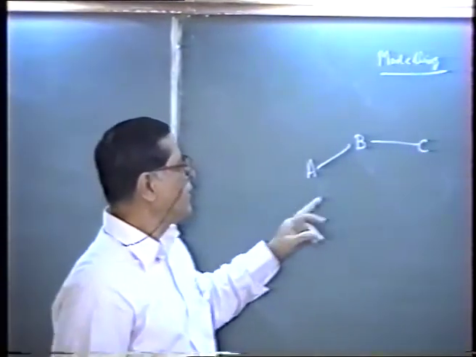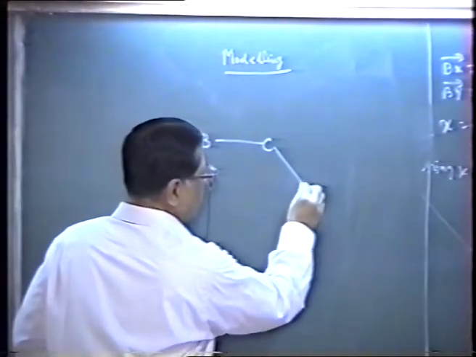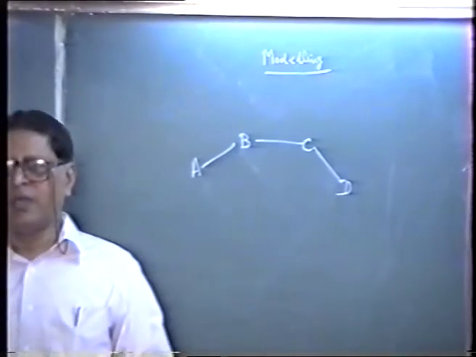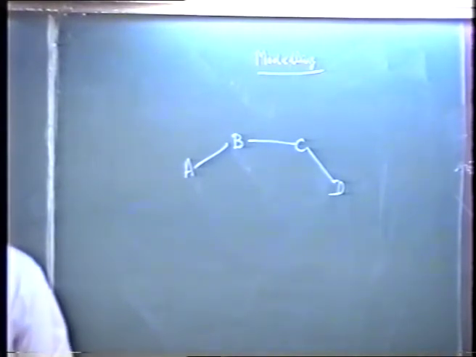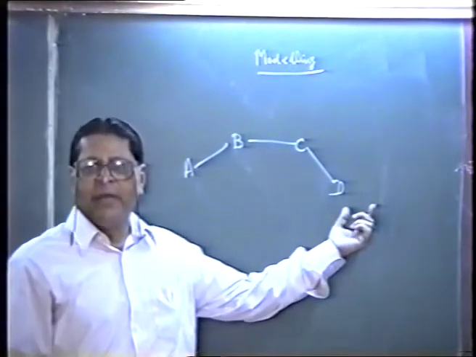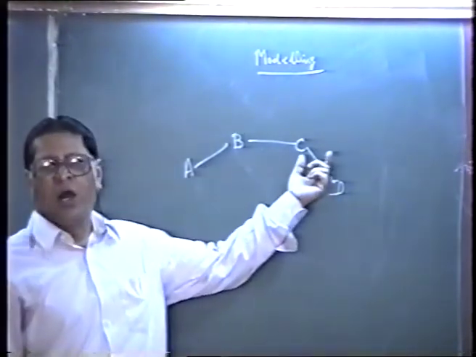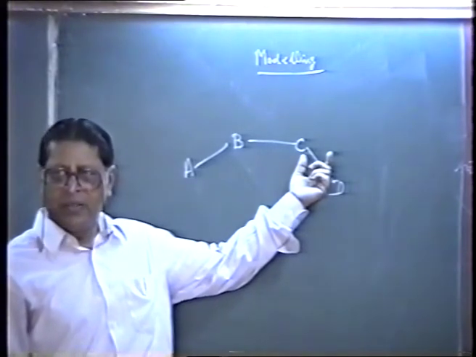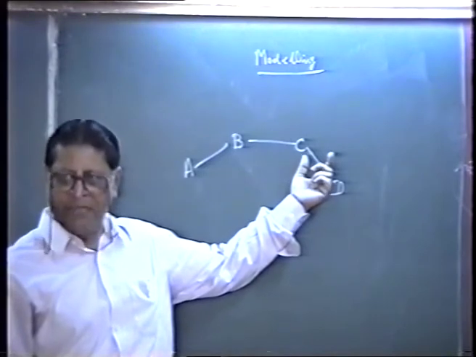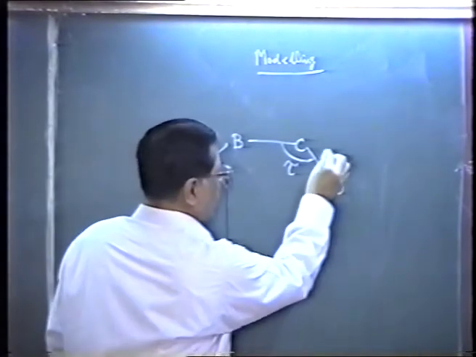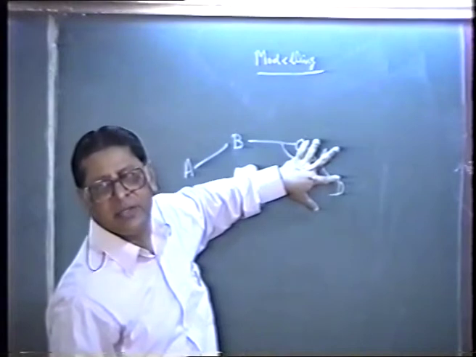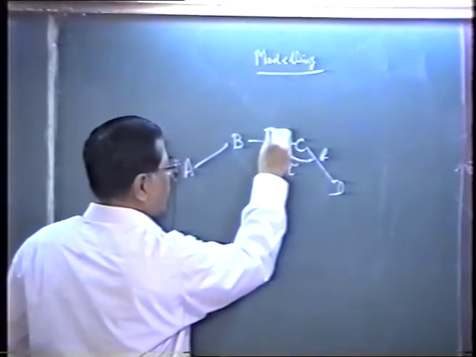So I am going to ask the question, I am interested in getting the position of the atom D. In other words, I am interested in getting the x, y, z coordinates of atom D when the x, y, z coordinates of A, B, C are given to us, and we are also given the bond angle, and the bond length, and the torsion angle.